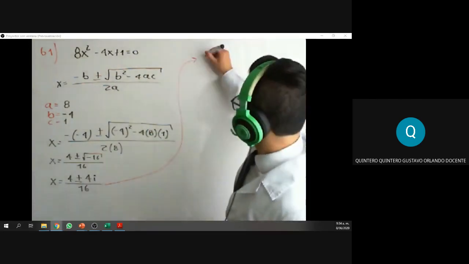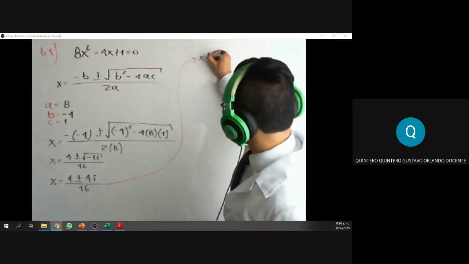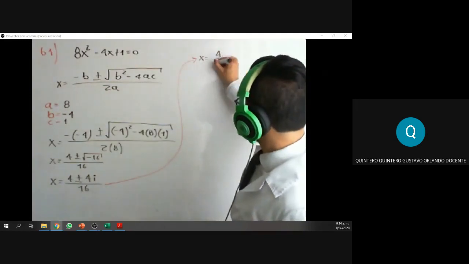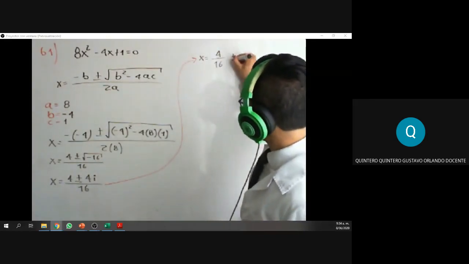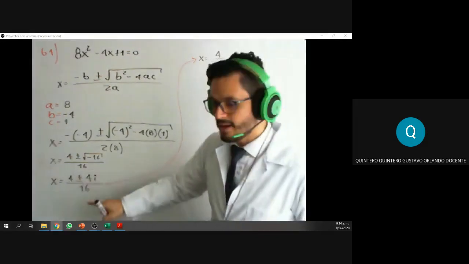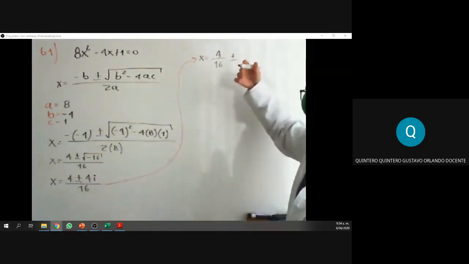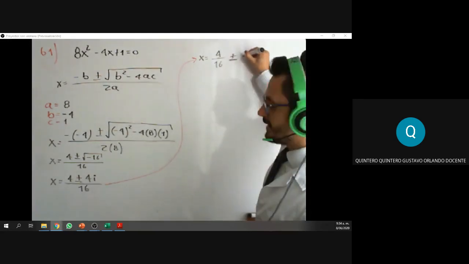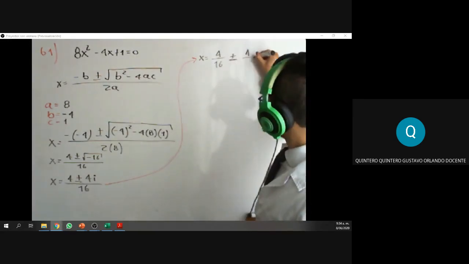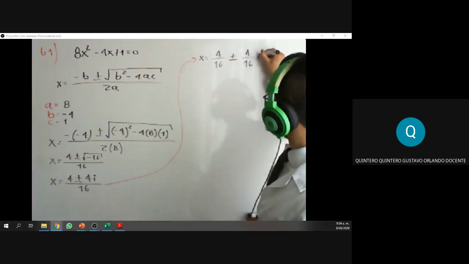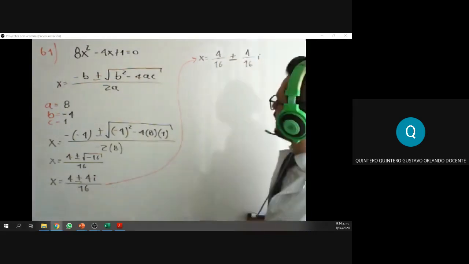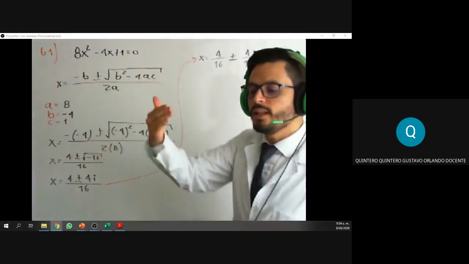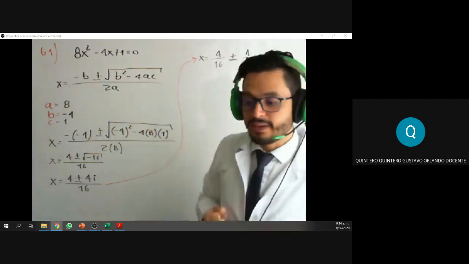So the solution will be x equals 4 over 16 plus or minus, remember, we carry the sign, 4 over 16i.